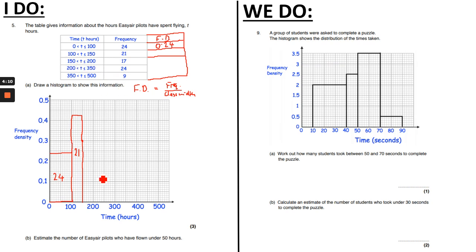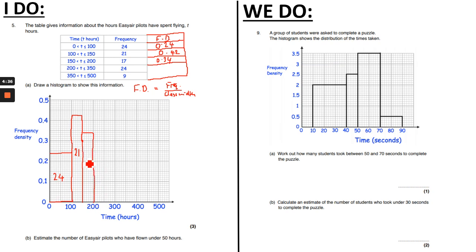Now the next one, 150 to 200, we need that to be 17. So I'm going to do 17 divided by 50, because that's the class width, which gives me a value of 0.34. So 0.34 across to 200.